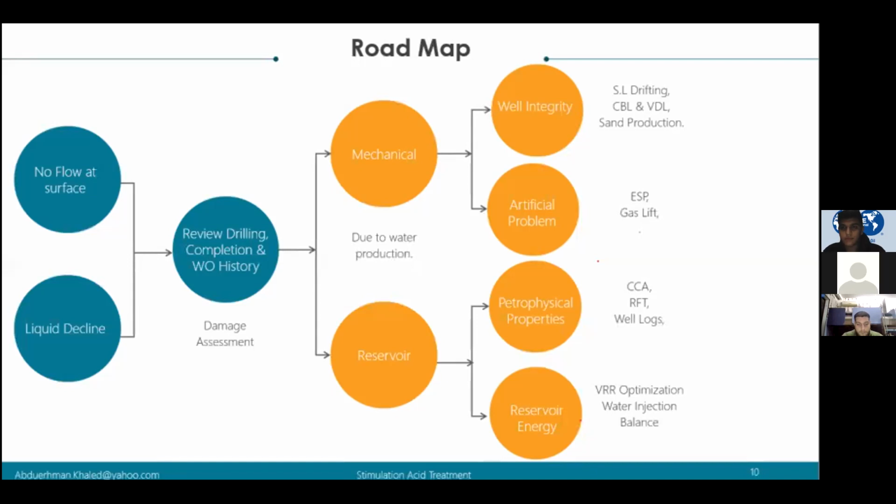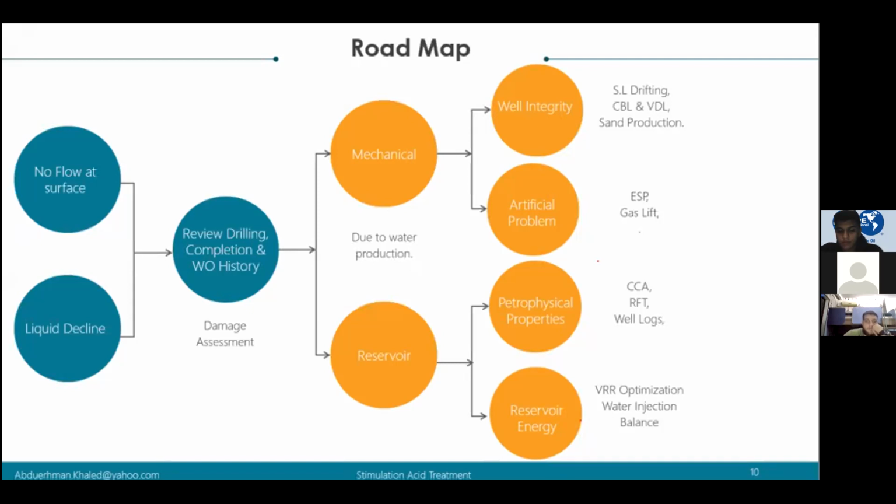And by the way, if you don't know what the VRR is, or you don't know what the optimum reservoir pressure is, I have another webinar that talks in detail about how to optimize your field and what the optimum VRR, the optimum voidage replacement ratio, is, and it might be provided by the end of this webinar.